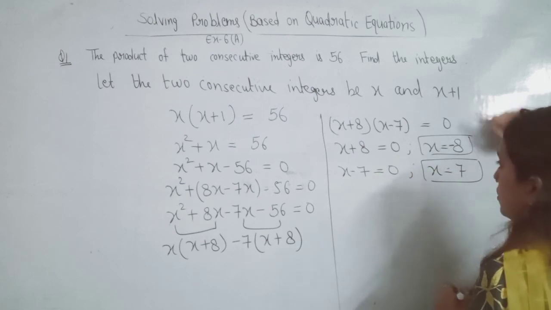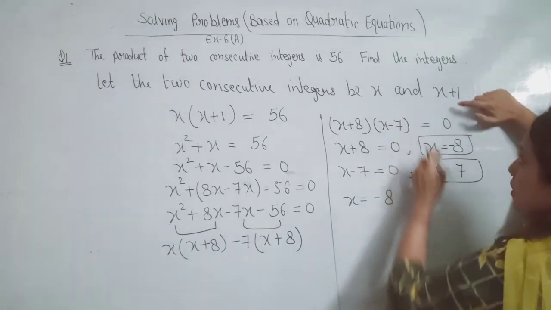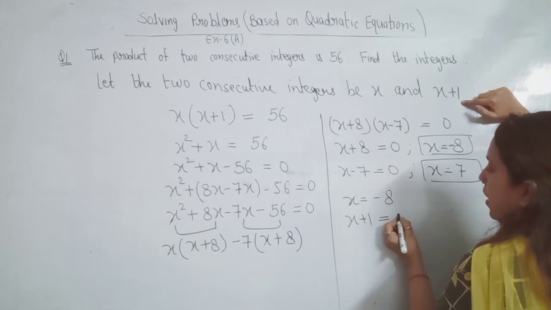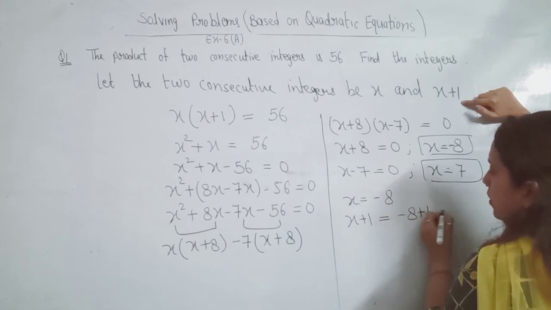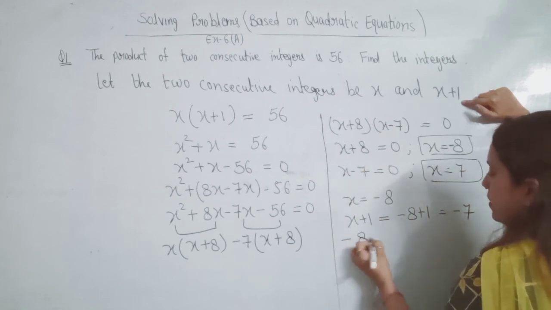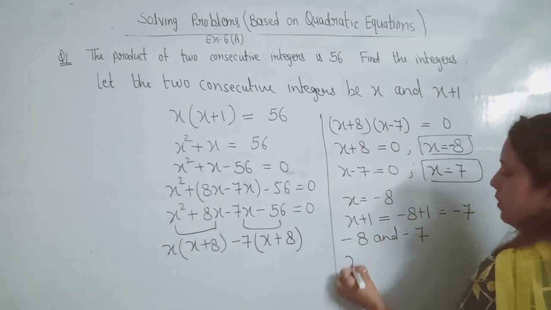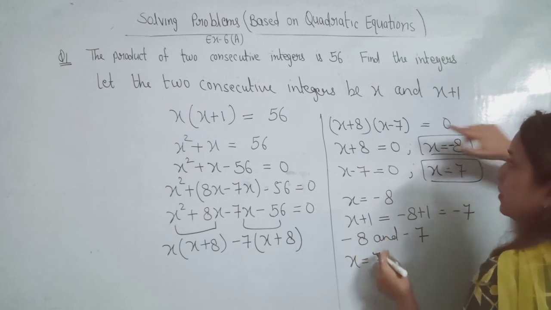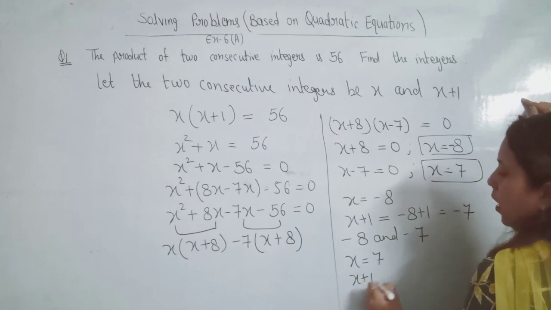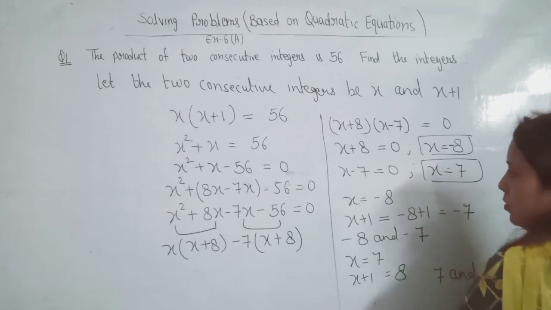So the two integers: when we take x is equal to minus 8, then the second consecutive number x plus 1 will be minus 8 plus 1 is equal to minus 7. So the two consecutive numbers are minus 8 and minus 7. When we take x is equal to 7, then the two consecutive numbers are 7 and x plus 1 is equal to 8. So 7 and 8. Okay beta.